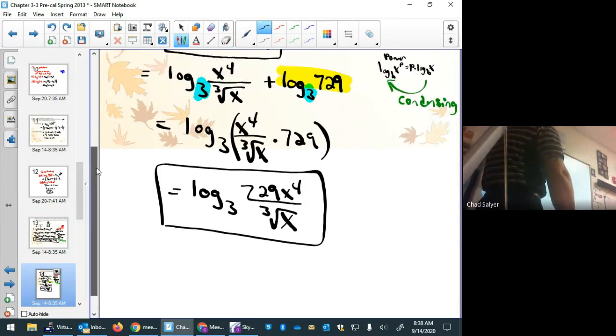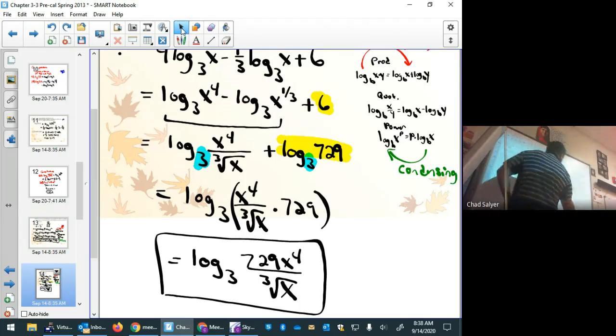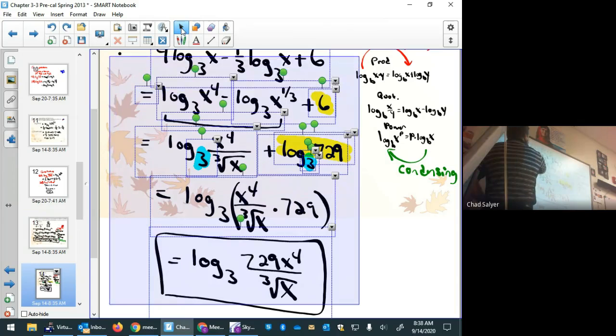And that one is pretty messy. Let me shrink this work down just a touch.